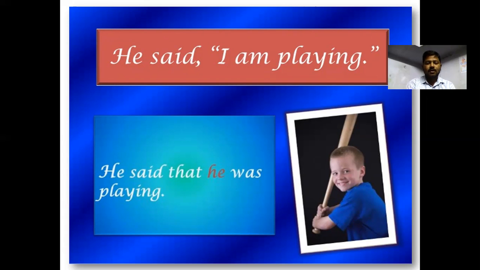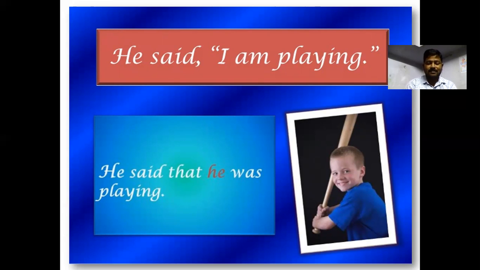Because we are explaining one person to another person. So he said something that we are going to say again. So he was used here, and was is for the past tense, denoting it's a past tense.